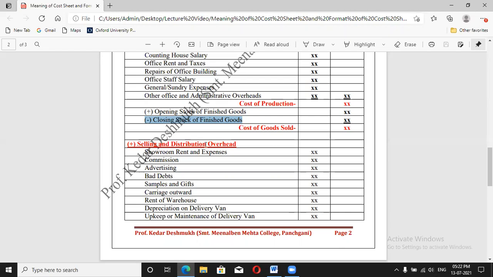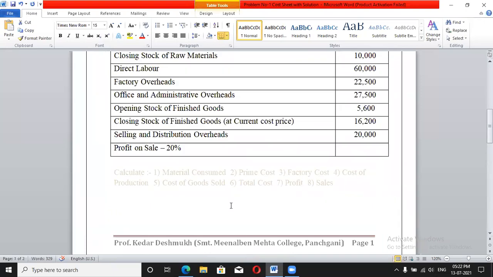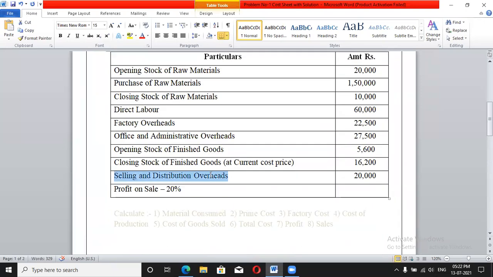Next, we know the amount of cost of goods sold. After knowing it, we add the amount of selling and distribution overhead. Let's see the example. What is given? Selling and distribution overhead is given as 20,000.